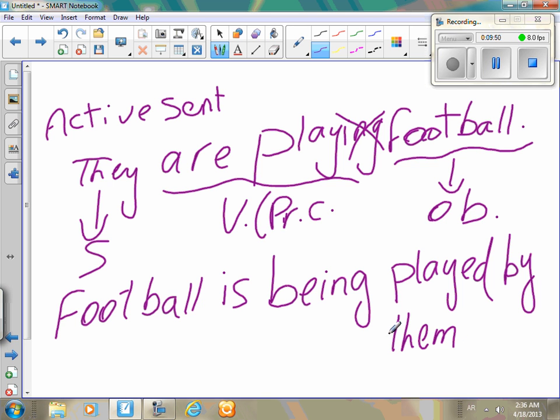Them. By them. So the most important point in the present continuous is that when you change from active sentence to passive, don't forget to add being, instead of the ing here. If you follow the steps, you are not going to be confused. Okay?